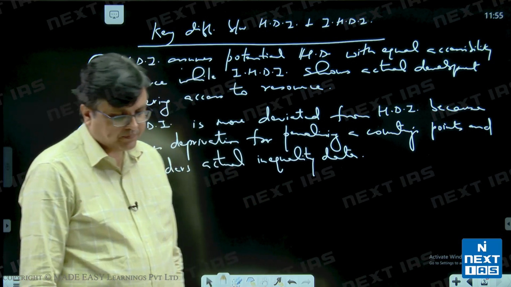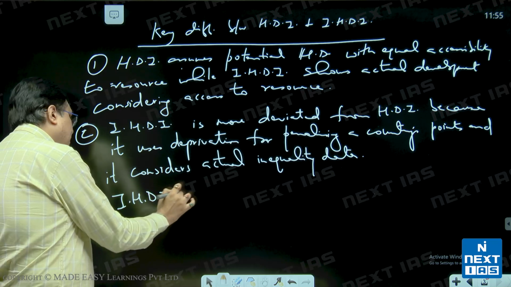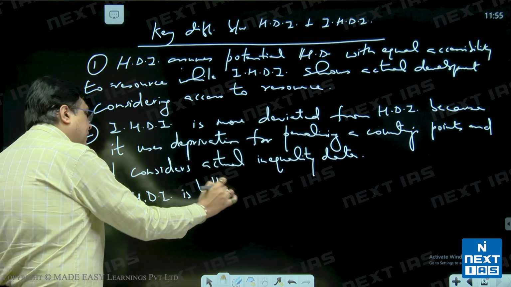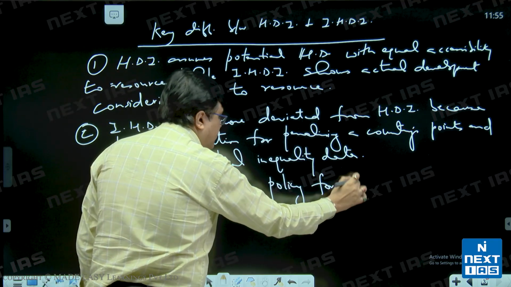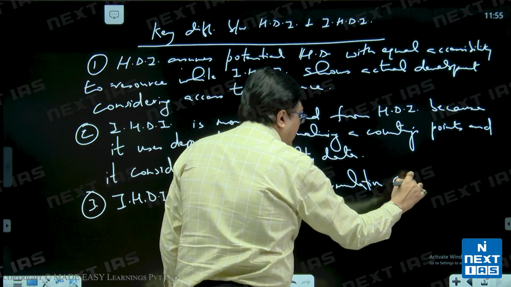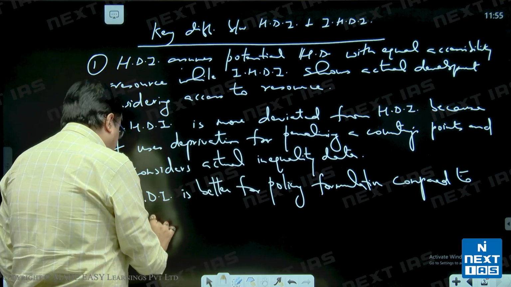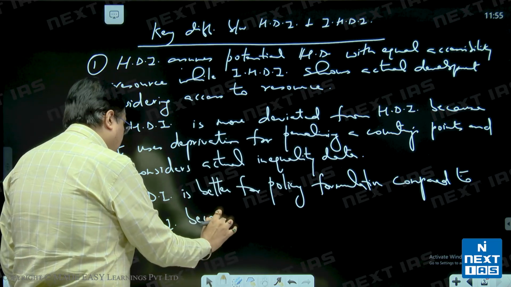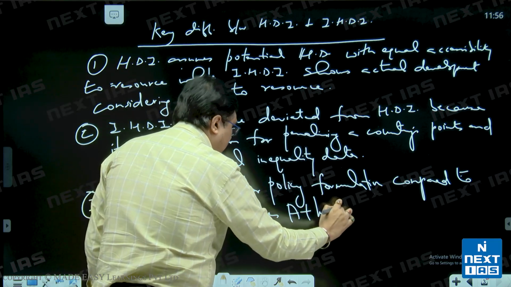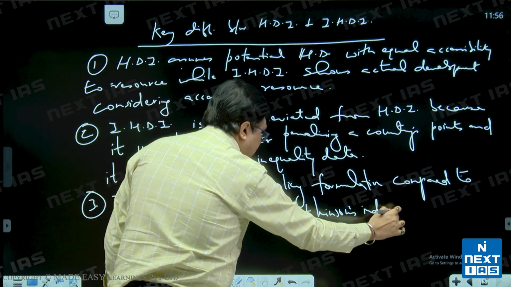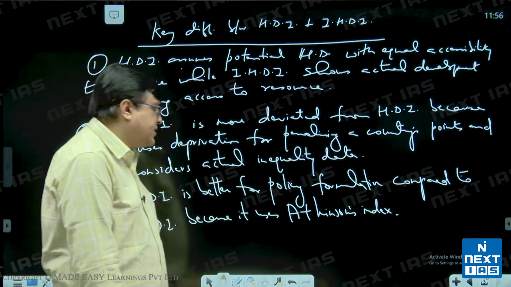And then third, IHDI is better for policy formulation compared to HDI because it uses Atkinson's index. So these are the three differences between HDI and IHDI.